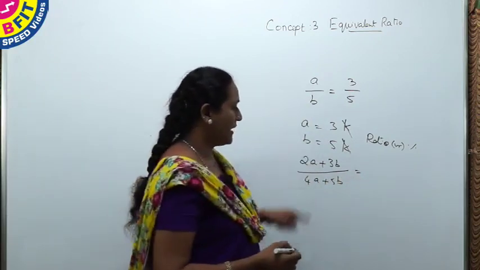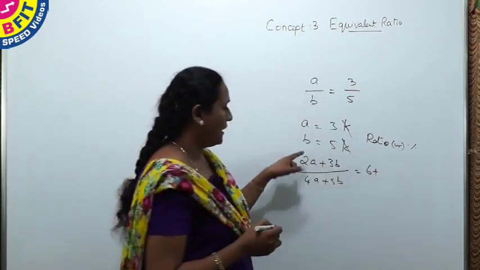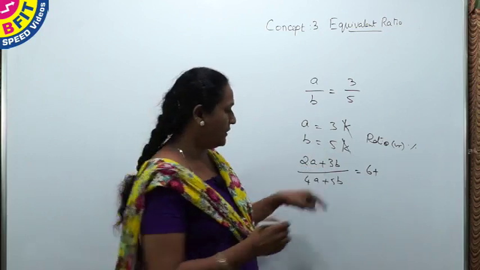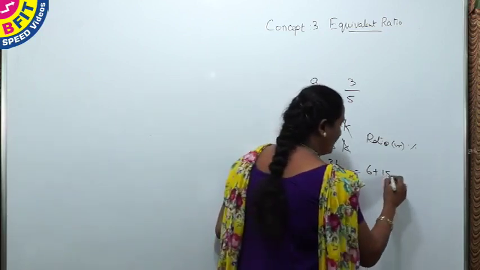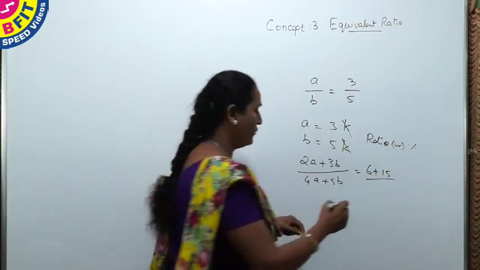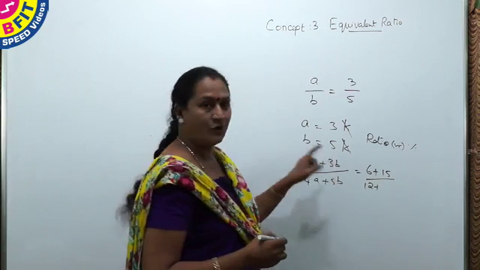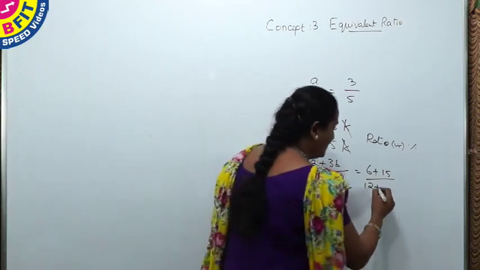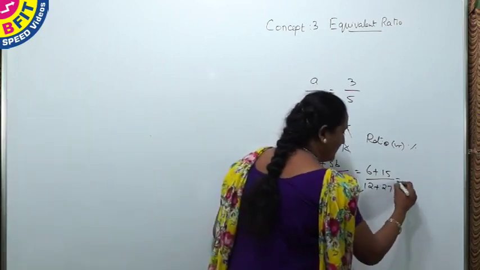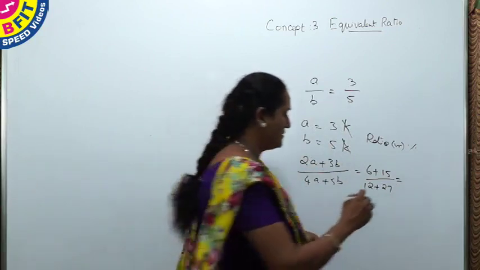So substitute a as 3, so 2 into 3 it is 6. And now for b substitute 5, 3 into 5 it is 15. And for a again 4, 4 into 3 is 12. And here for b 5, 5 into 5 it is 25. So after doing all the working, you will end up with the same answer.